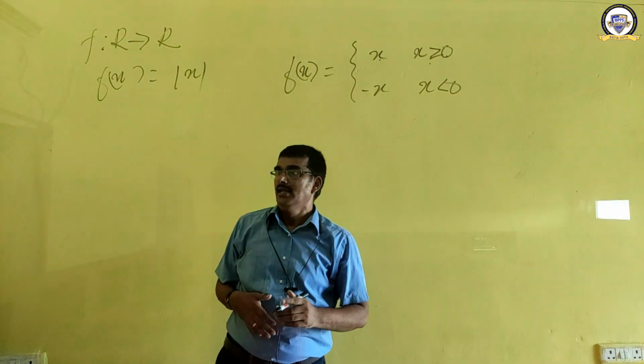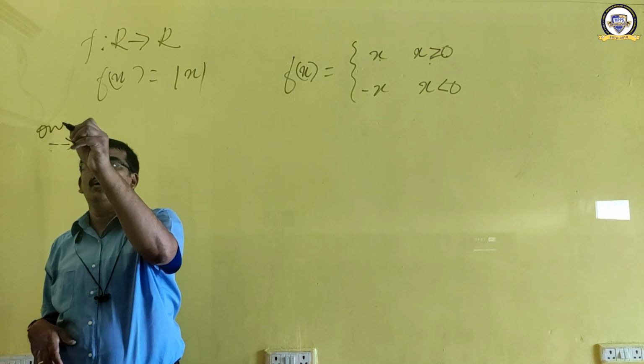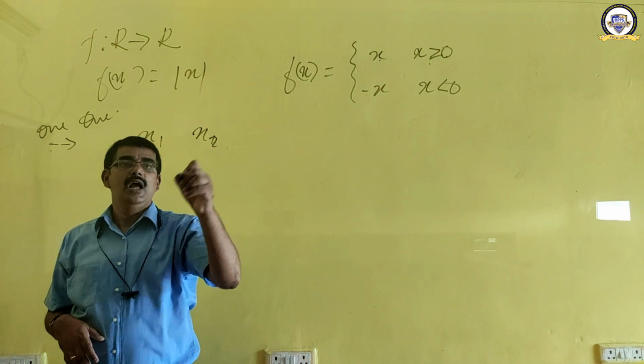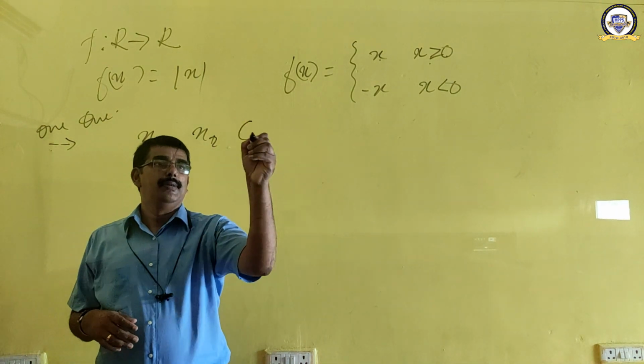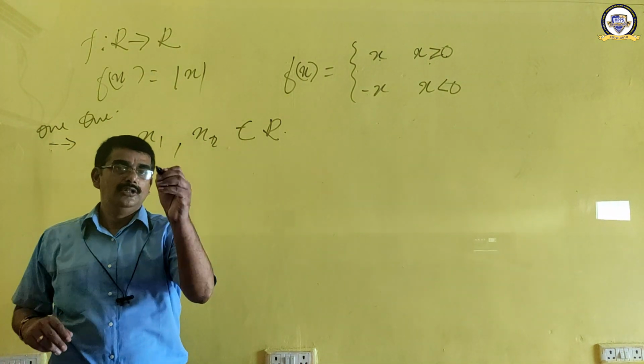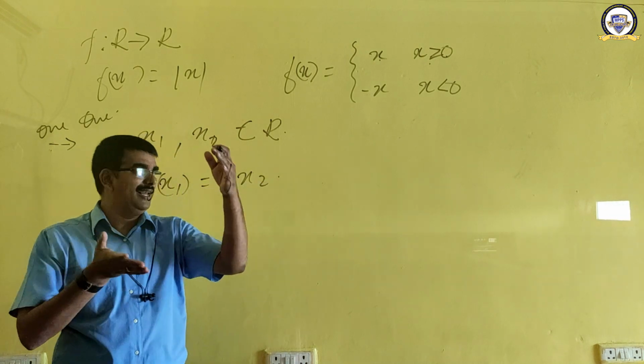So first of all, we are going to prove that it is not 1, 1. Is it 1, 1 or not? We take x1 and x2 as members of the real numbers, x1 and x2 belong to R. We consider that f of x1 is equal to f of x2. The same steps we are following.